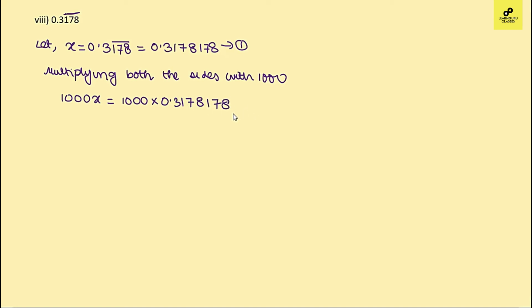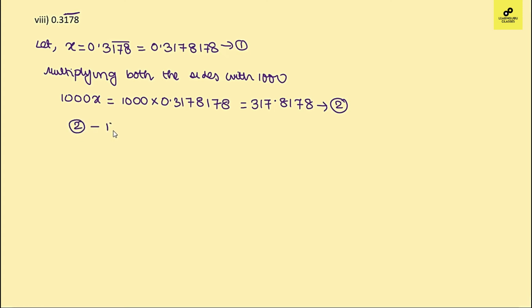Okay. Now since you are multiplying this number with 1000, 3 digits will come before the decimal. So what are the 3 digits? 317 will come before the decimal. So the number will become 317.8178. Okay. Now what to do? Now you give this as equation 2.